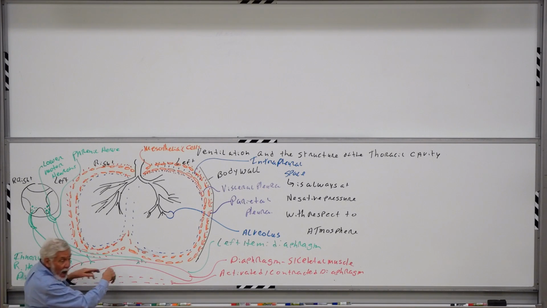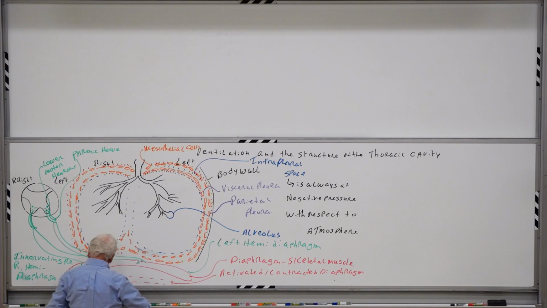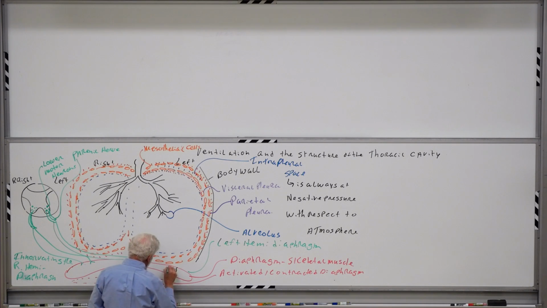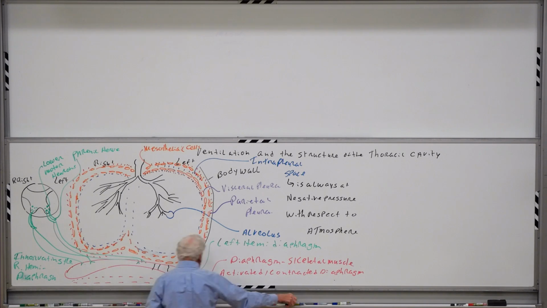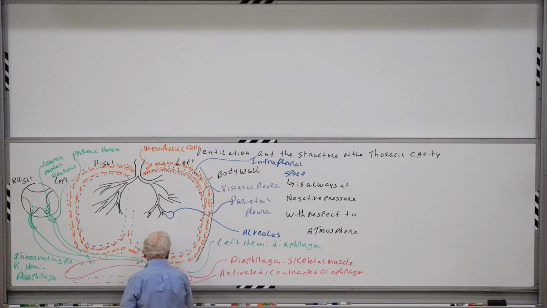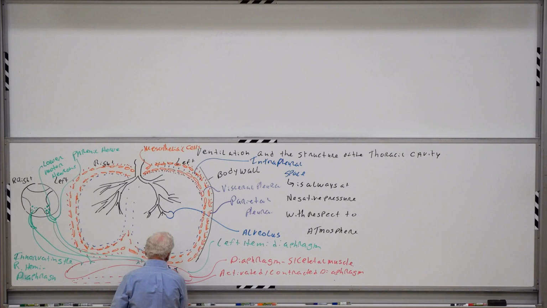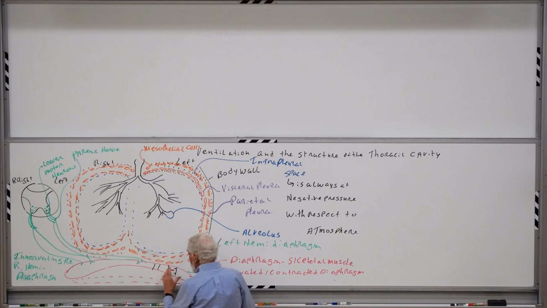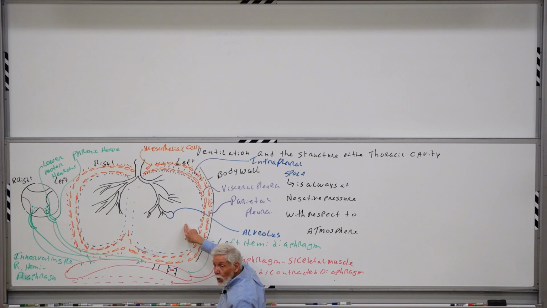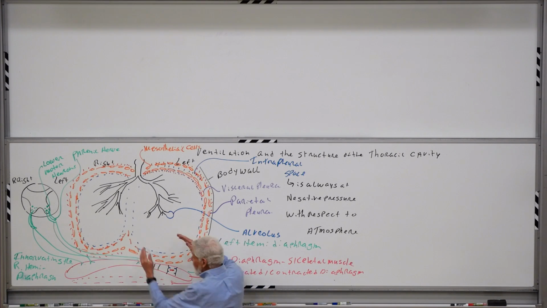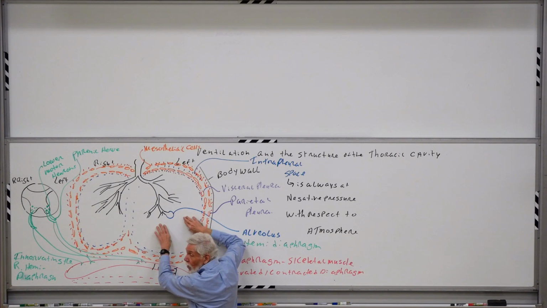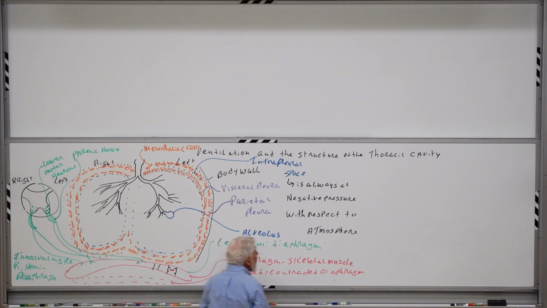When this muscle contracts and the sarcomeres shorten, through the same mechanisms we've talked about over and over again, when these sarcomeres shorten and this flattens, what's it going to do to the volume inside the two lungs? If this comes down, what's going to happen to the volume in here? It'll increase the volume.